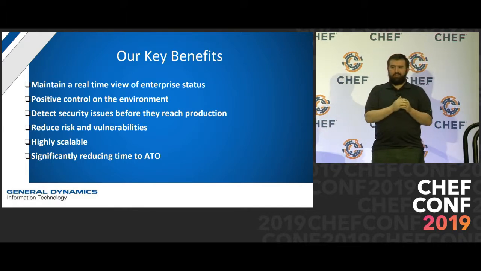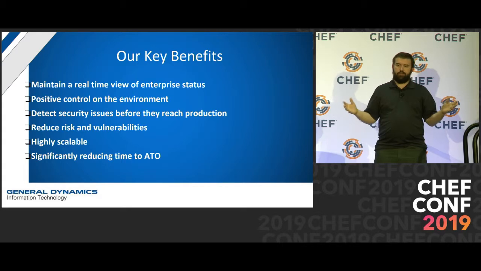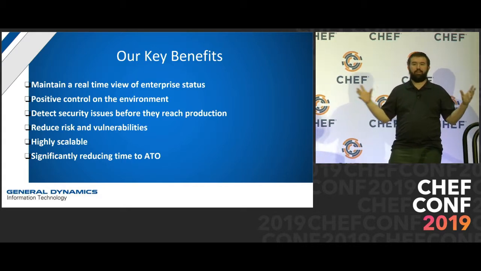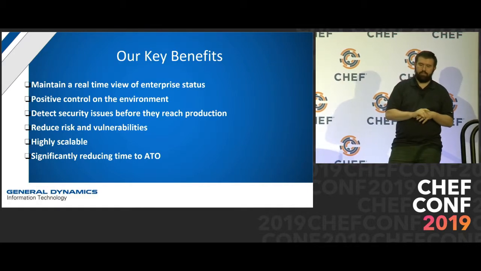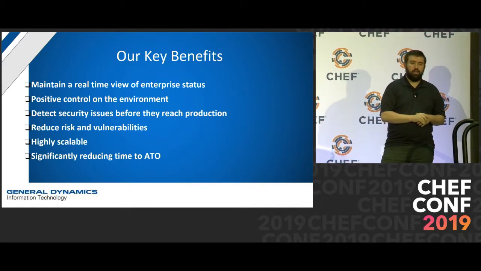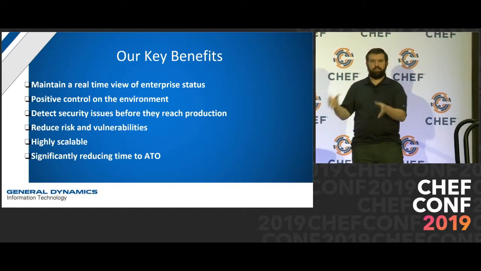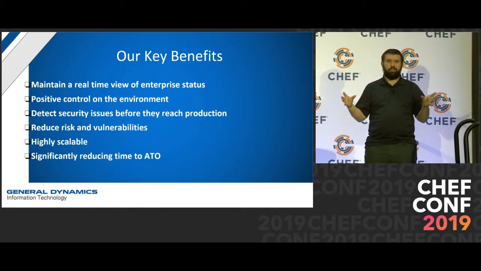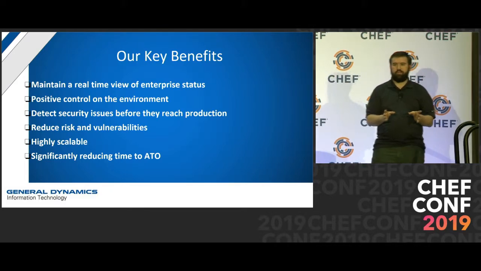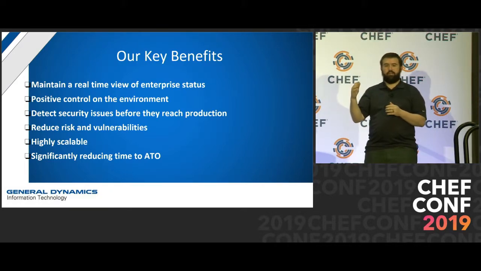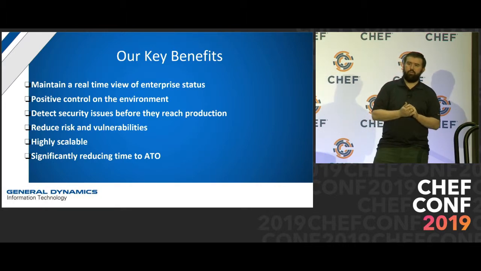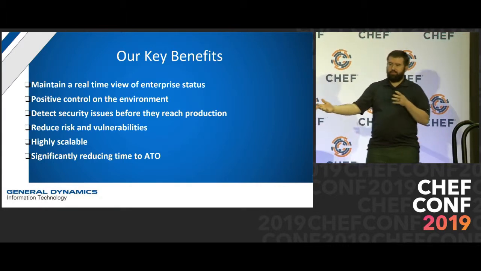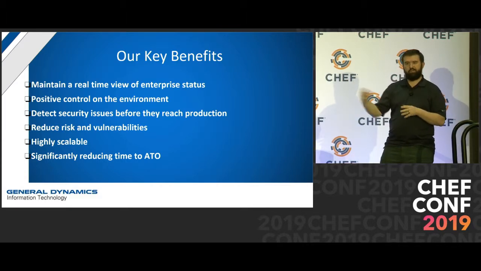But maintaining that visibility, seeing our security posture throughout the entire life, as well as the entire environment, is one of the benefits we get out of it. Because we can see the security posture of the environment, we can then start really controlling our environment and what we want to see. Maybe we need to set another setting over here so that we're not as vulnerable to any sort of non-password kind of stuff.